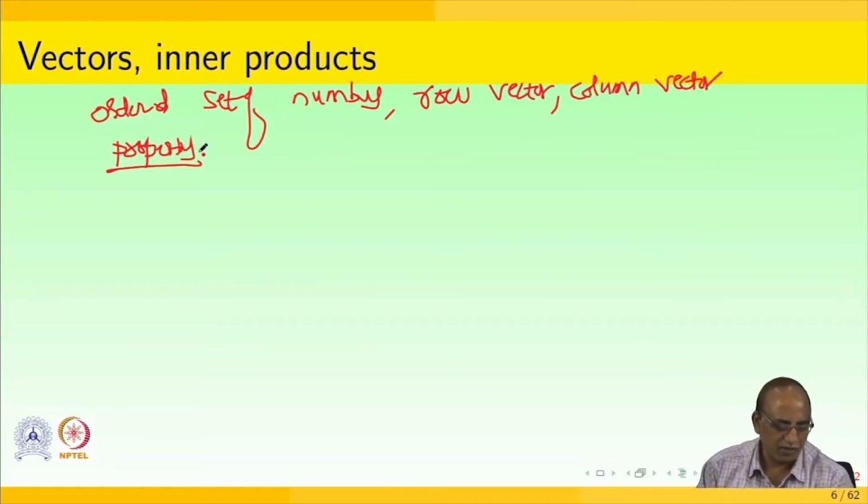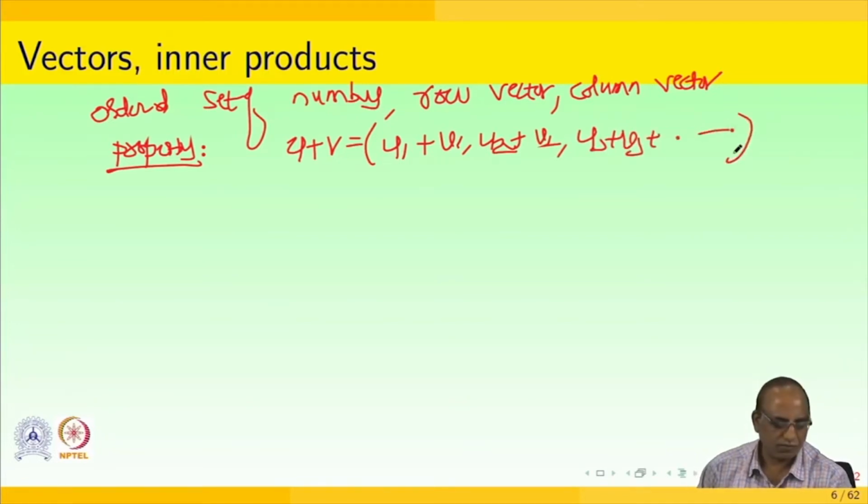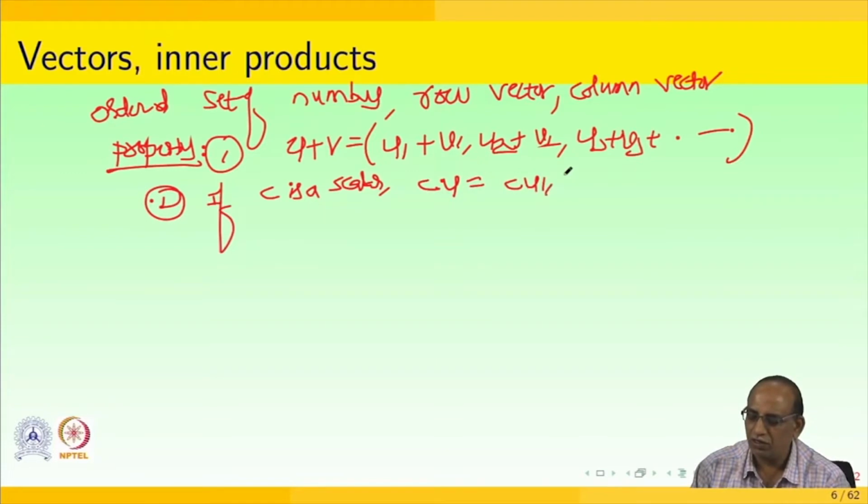If u and v are two vectors, there is the addition property, which is component-wise: u1 plus v1, u2 plus v2, u3 plus v3, and so on. Similarly, we see scalar multiplication. We write c times u equal to (cu1, cu2, ..., cun) transpose.